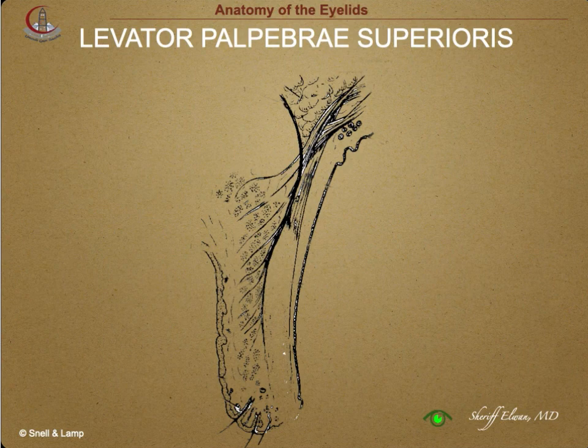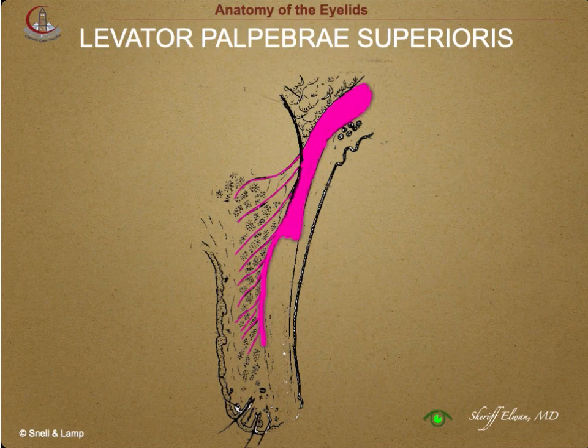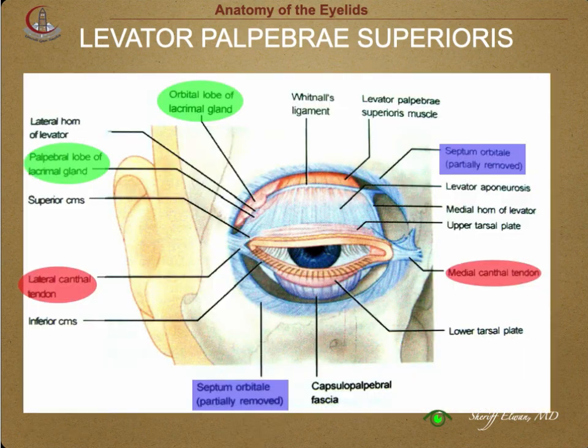Here we are again to see how the levator palpebrae superioris is coming from behind and piercing the orbital septum, merging with it at the Whitnall's ligament and becoming inserted into the skin, into the tarsus at its upper border and at its anterior surface, with the Müller's muscle attaching to the upper fornix and tarsus.